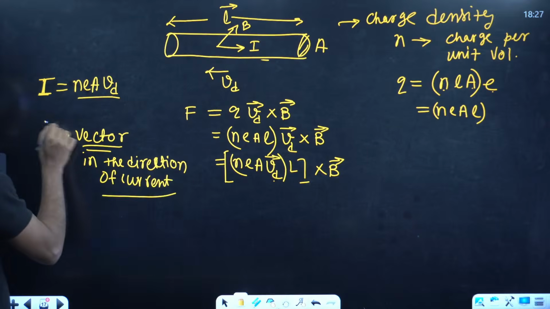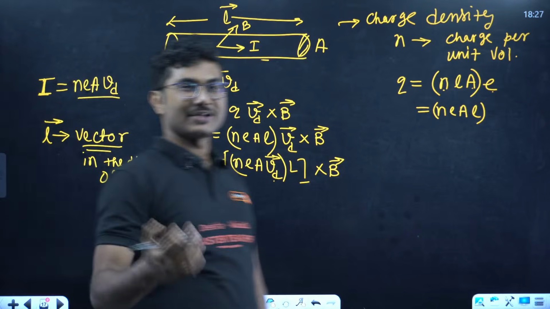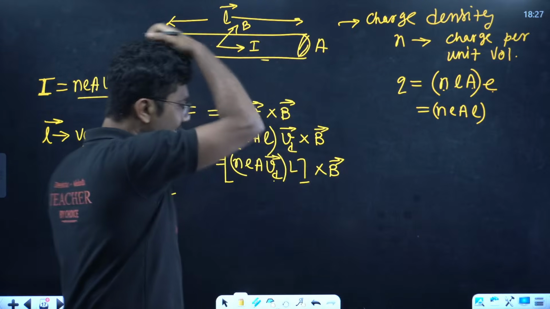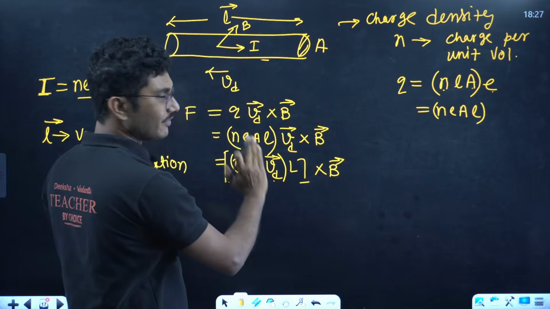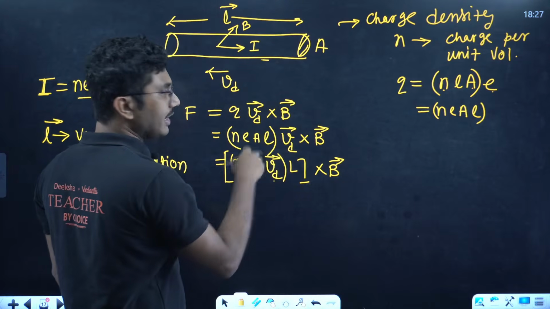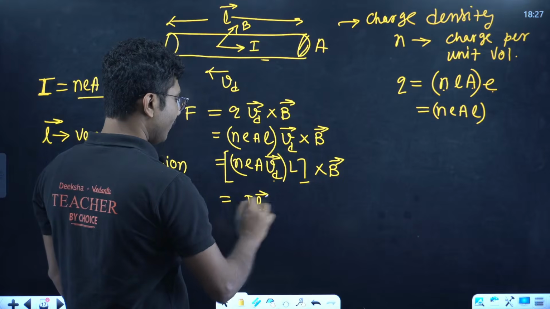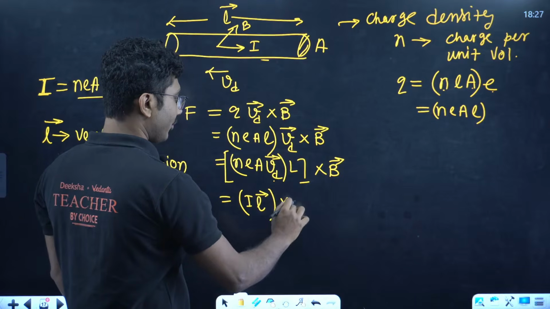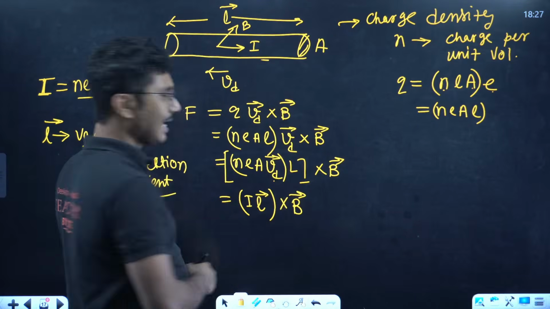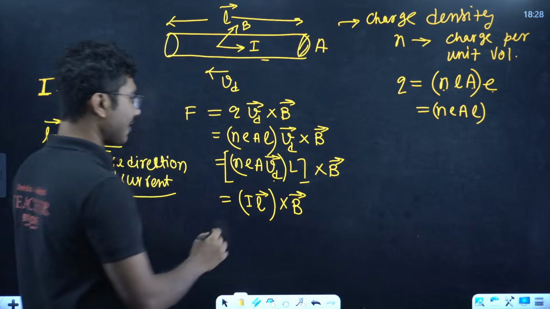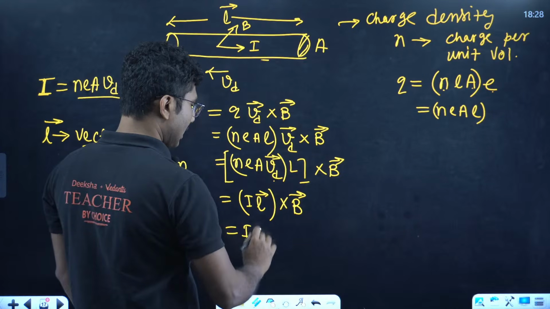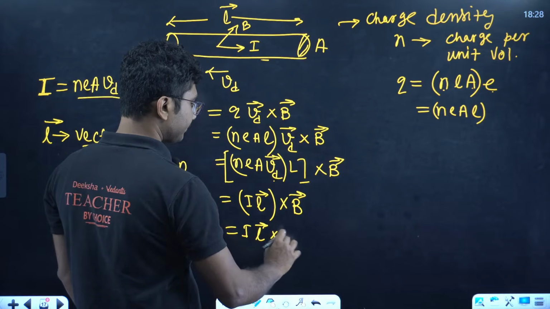Then we can successfully transfer the vector from V D to L, and we can write it as I L vector, so we can write this as I L cross B.